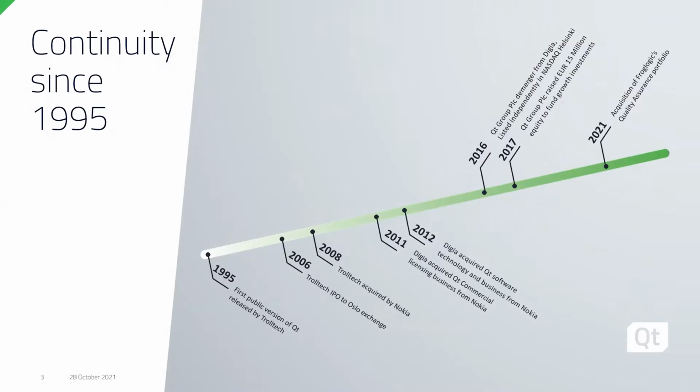Then around 2009 and 10, we began focusing more on embedded systems. And we brought out our new modern Qt Quick UI toolkit and continued to expand the framework in ways that we could build cross-platform capabilities for desktop as well as embedded systems.